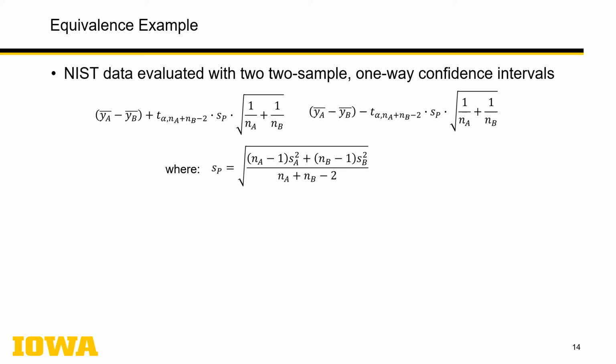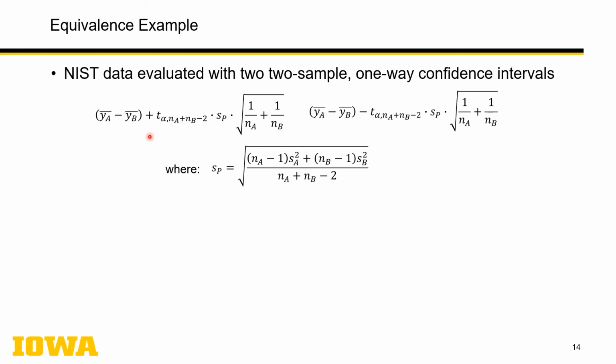If you go back to Module 11, you'll see that the equation for a one-sample confidence interval is y bar plus or minus t alpha divided by 2 times the standard error, this s divided by square root of n. But with a one-way confidence interval, it's more rigorous to state them independently of each other. So we have the positive confidence interval here.